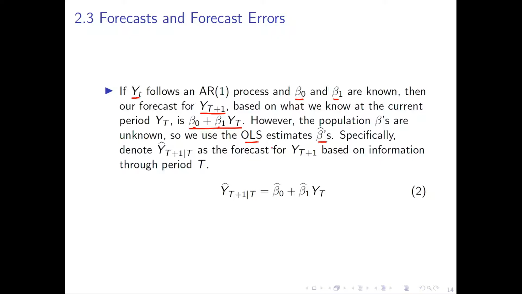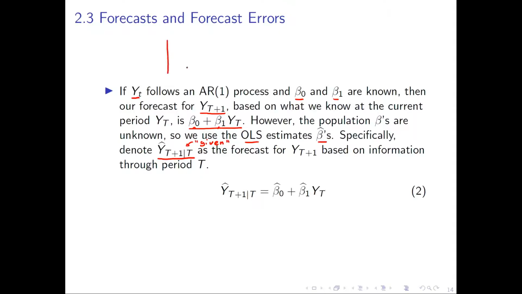And now we get a y hat for time T+1, which is the estimated value of y at time T+1, given, so this bar here is given, information at time capital T, right?